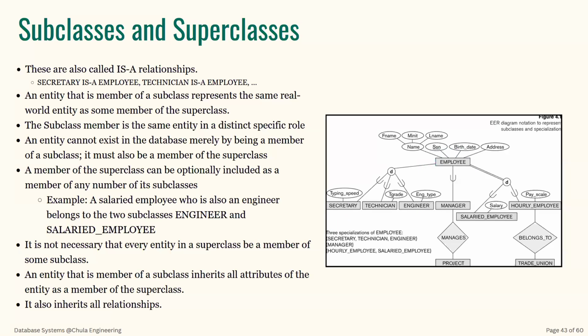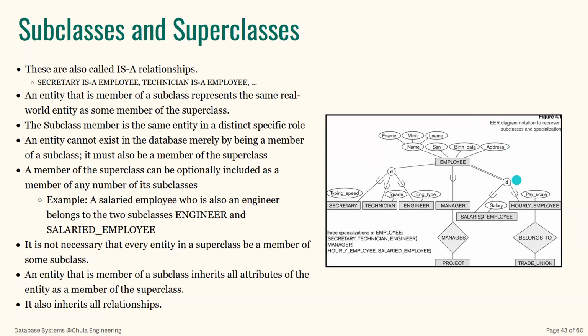It is, right? So from this diagram, it means that an employee may not be anything, but if he is a secretary, keep the typing speed. If he is a technician, keep the T grade. If he is an engineer, keep the engineering type. But if it's not any of these three, then just keep the attributes above.